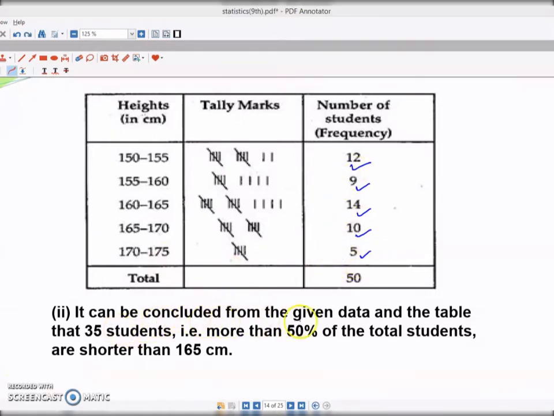It can be concluded from the given data that there are 35 students who are shorter than 165 centimeters. Shorter than 165 means these 3 categories are included, that is, up to 165. So more than 50% of the students are shorter than 165 centimeters. This can be concluded from the data.